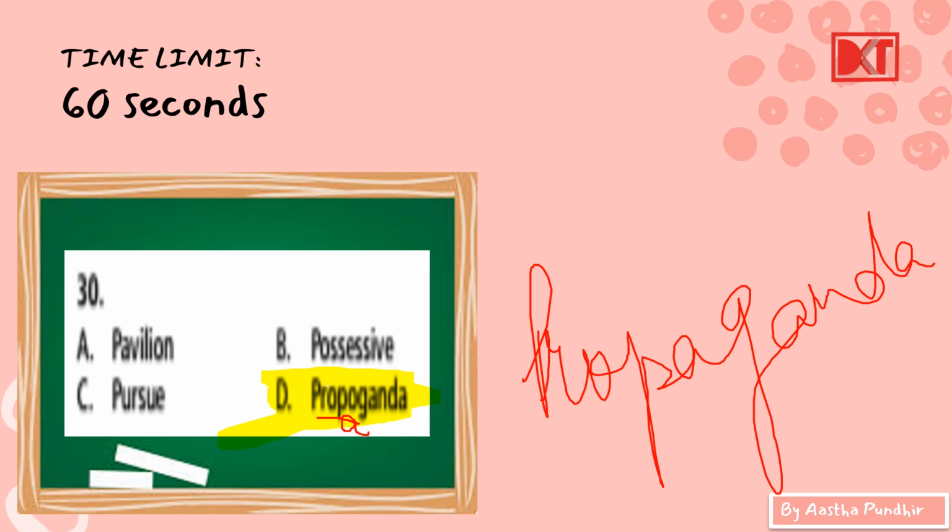Propaganda is a sort of information, but actually it is information which is biased, or maybe we can say of misleading nature. Basically information which is biased towards one end. All right.